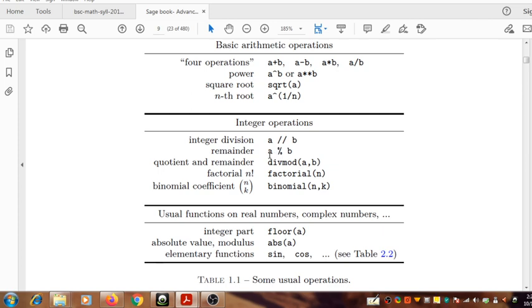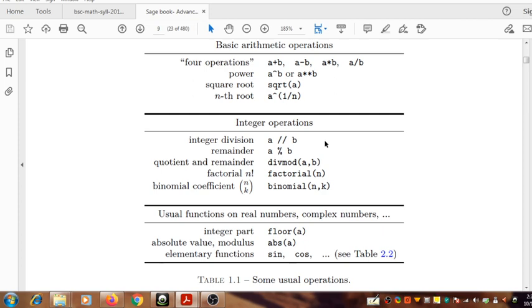So when we write a percentage b, it gives us the remainder when the number a is divided by b. The system divides a by b, checks the value of the remainder, and that value will be given by the system.